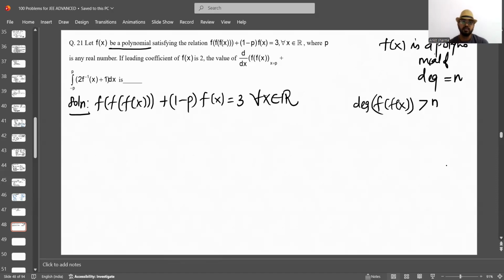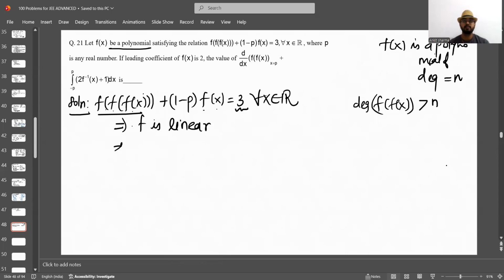And here, this is composed 3 times, so this degree will definitely be more than this. When I add this polynomial, of course, the degree won't decrease, because f(f(f(x))) has a degree higher than f(x). So if I add or subtract it, the highest term is not going to go. That means I cannot get a constant on the right side. So this is possible only when f is linear.